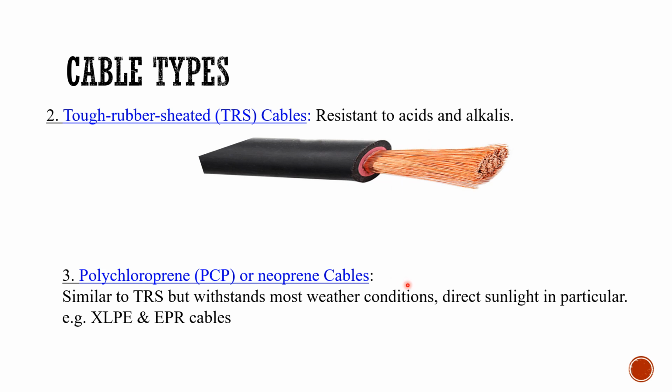The third one is polychloroprene or neoprene cables, similar to TRS, except that this one will withstand most weather conditions like direct sunlight. Examples of cables in this category are the XLPE, that's cross-linked polyethylene, and the EPR cables.